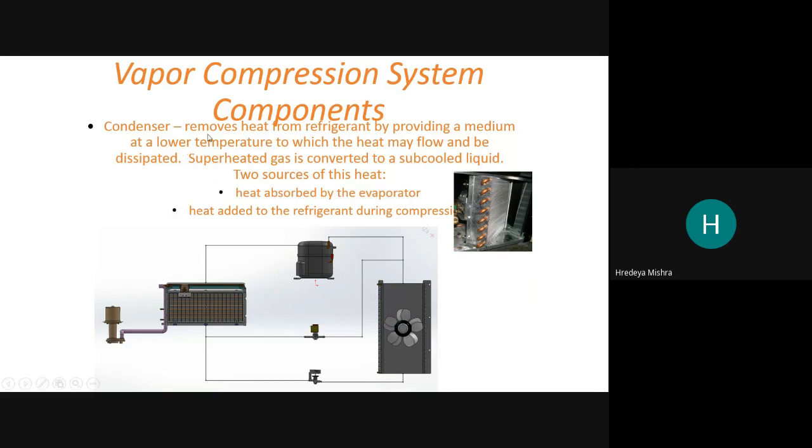Now the condenser removes the heat from the refrigerant by providing a medium at low temperature to which the heat may flow and be dissipated. Superheated gas is converted into subcooled liquid. There are two sources of heat: heat absorbed by the evaporator and heat added to the refrigerant during the compression stroke.